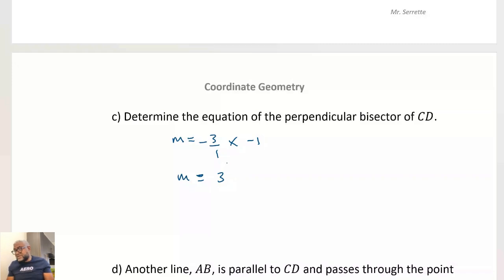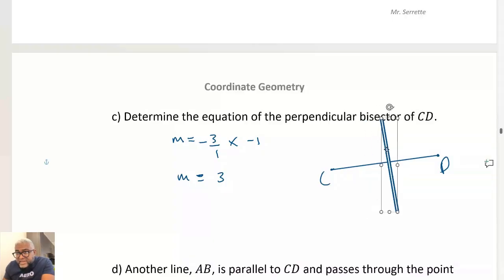Let me explain this. You have two lines, CD and a perpendicular bisector, which is simply a line that bisects, meaning cuts in half. It's a line passing through your midpoint, so the midpoint is a point on the line.